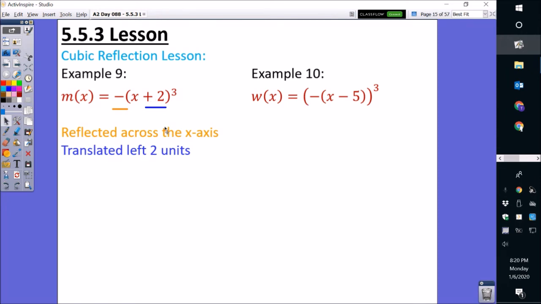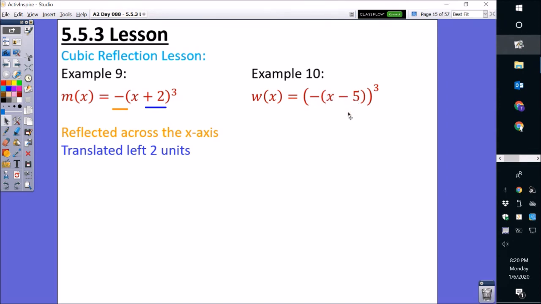And again, to clarify, you will only know that it's a reflection if it has a negative sign in front of the function, in front of the outer parenthesis, or in front of the x when it's inside, which you would see in example 10. In example 10, w of x equals the cube of negative x minus 5.